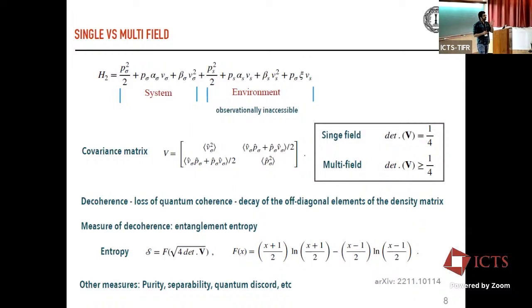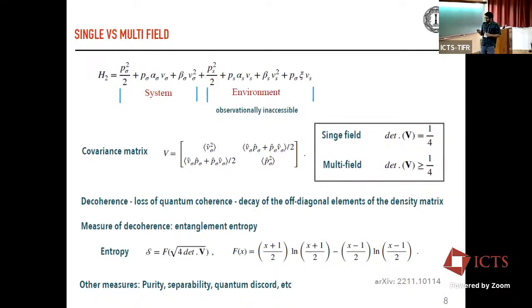So this is the main information: using the determinant of the covariance matrix, we can distinguish whether your model is a single or multi-field model, or whether the power spectrum is coming from a single field or multi-field inflationary model.